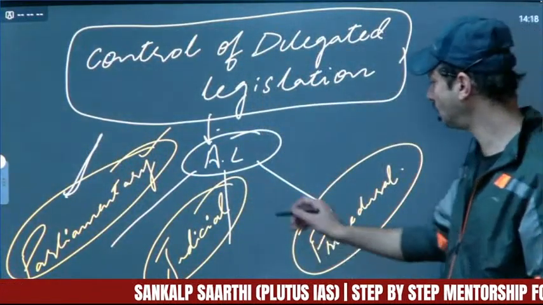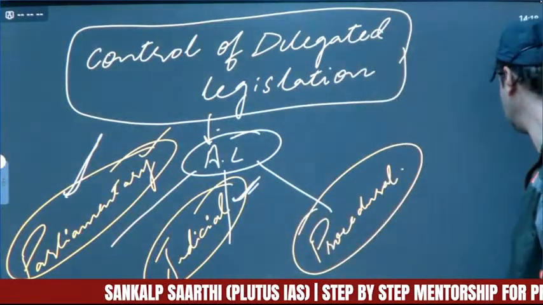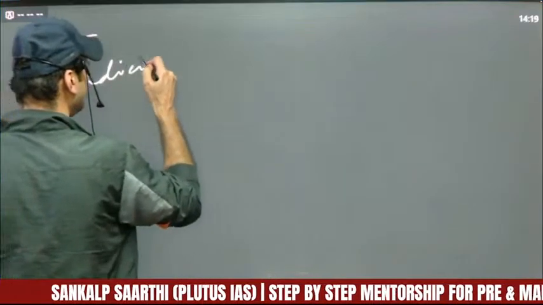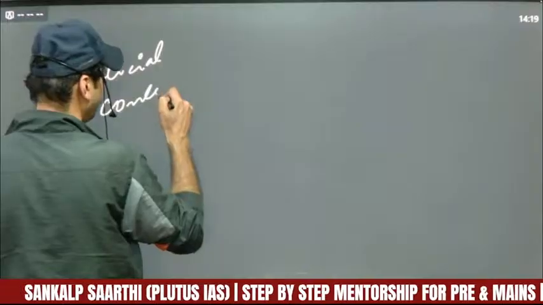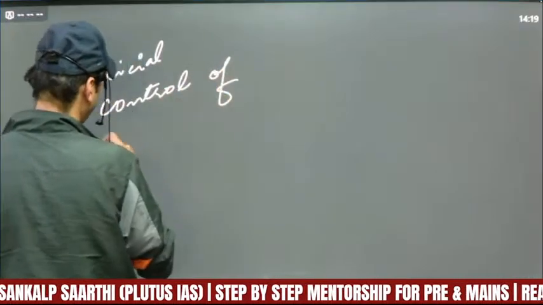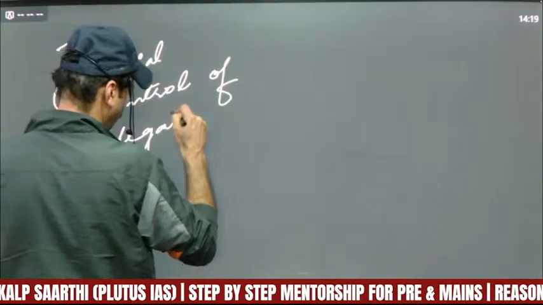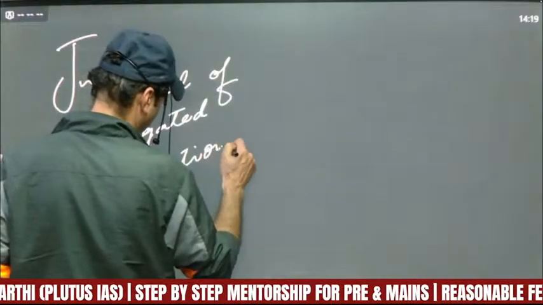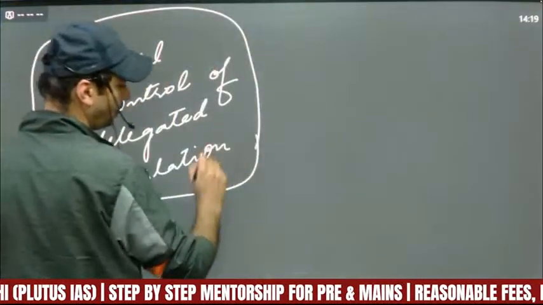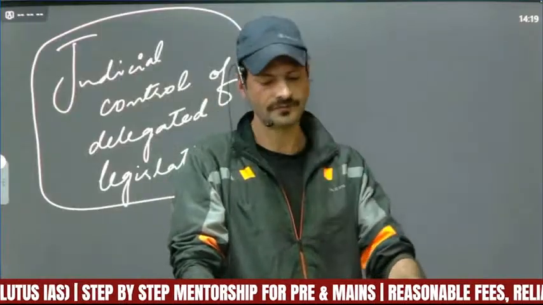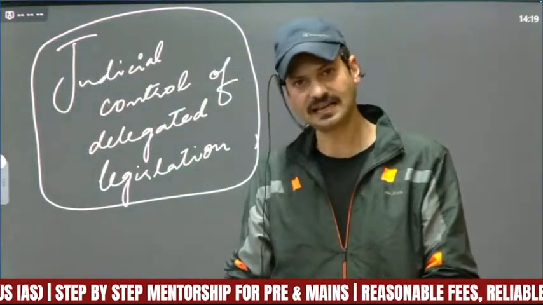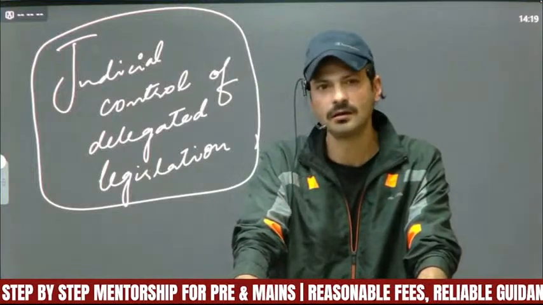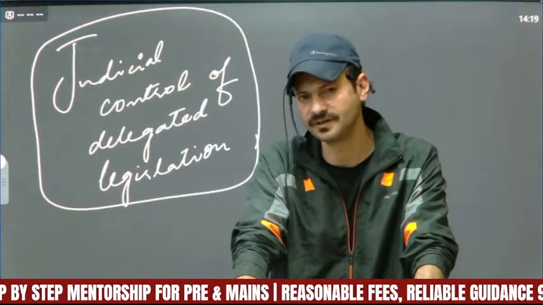Now let's shift on to the judicial control of delegated legislation. This is the second major mechanism of control after the parliamentary system, which we are trying to understand.